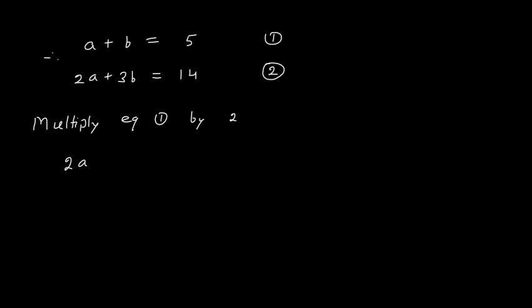So what we get? We get 2a plus 2b is equal to 2 fives are 10. Okay, this is the third equation. Now subtract equation 3 from equation 2.